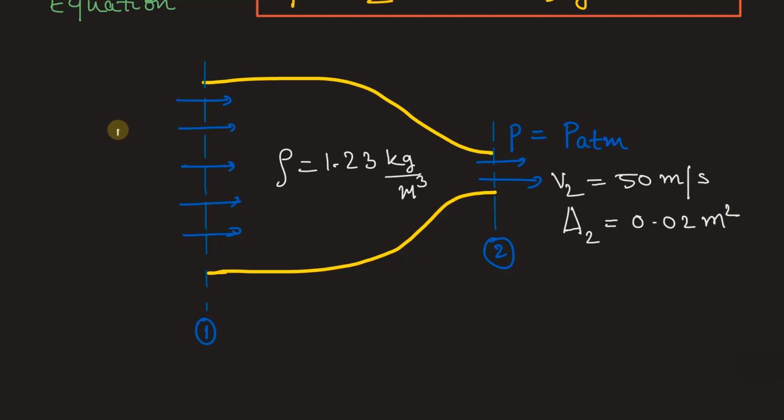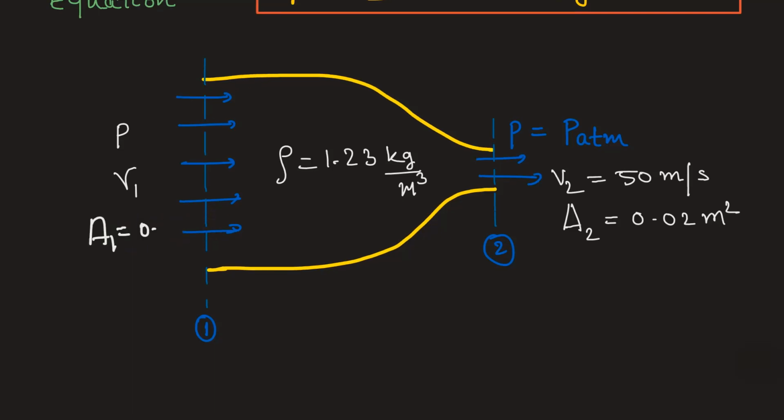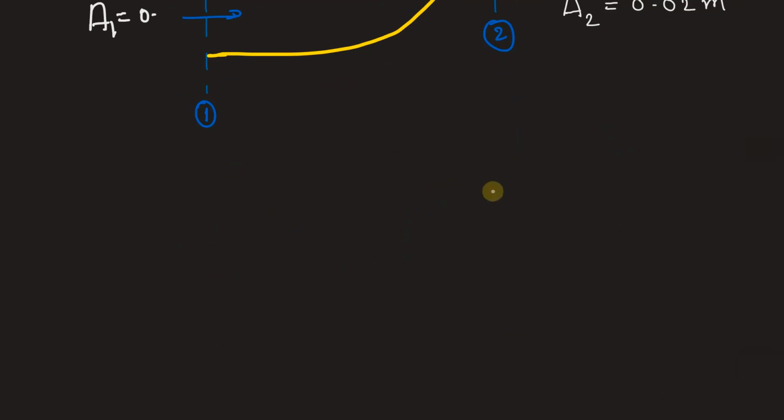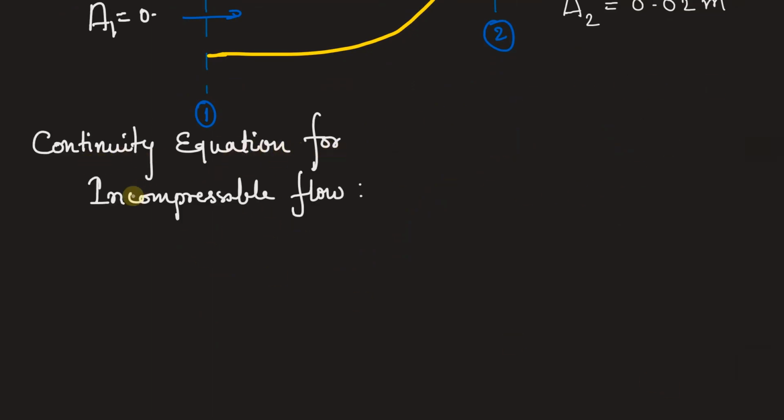Now the pressure P1, that means at section 1, is not given. The velocity V1 is also not given, and the area A1 is 0.2 meter square. So the continuity equation for the incompressible flow is A1 V1 is equal to A2 V2.